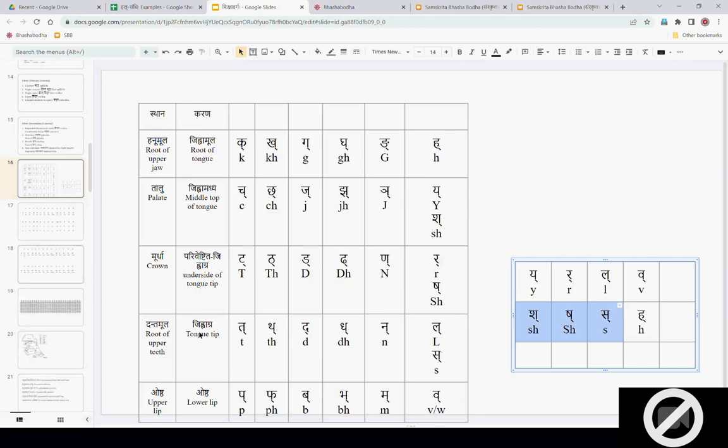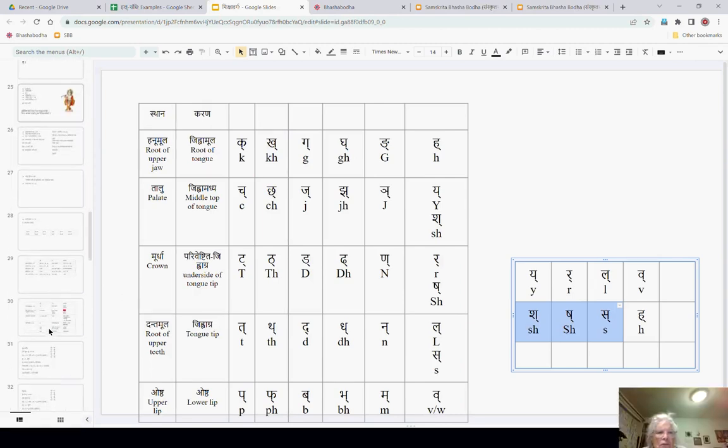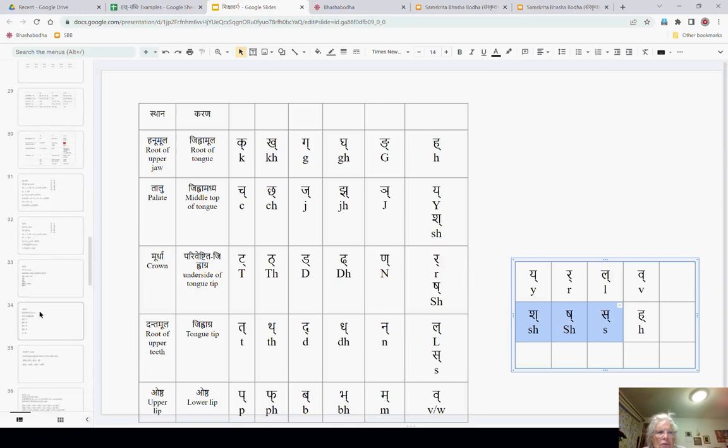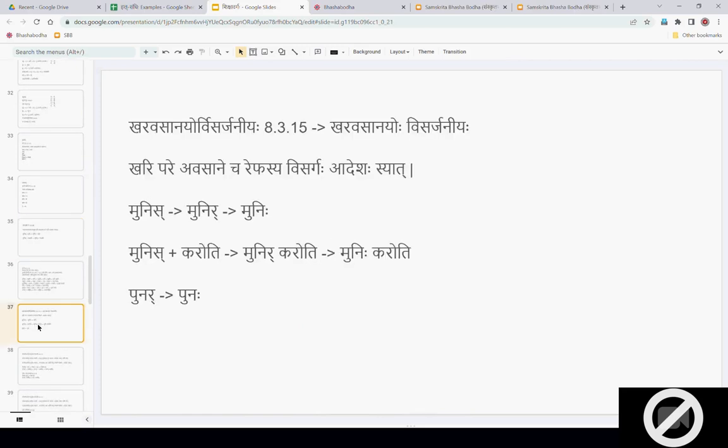Can we see the sutra again, please? Sutra is fine. Here is the sutra. This one. Okay, so khar. Okay, so now I see that.